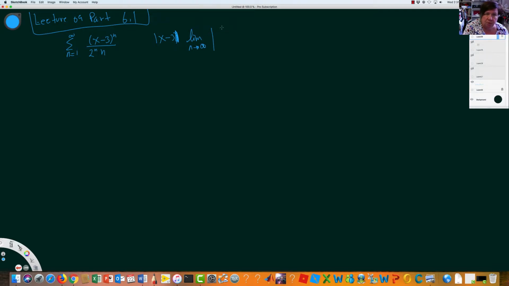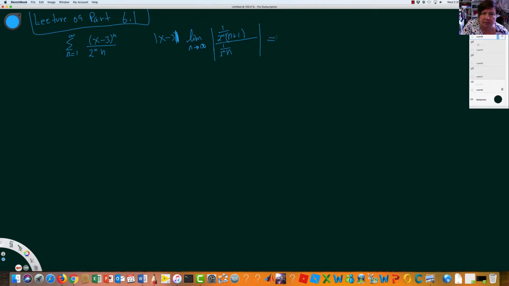So that's going to be 1 over 2 to the n plus 1, times n plus 1. And then over the nth term, which is 1 over 2 to the n times n, and I'm going to extend this down here. There we go. And now I'm going to simplify this.